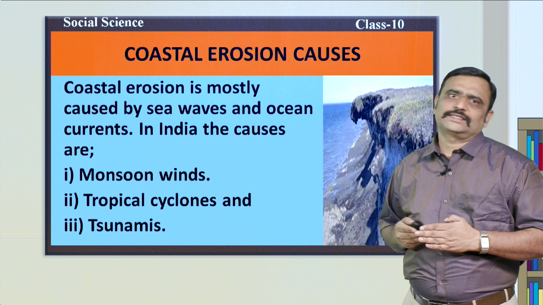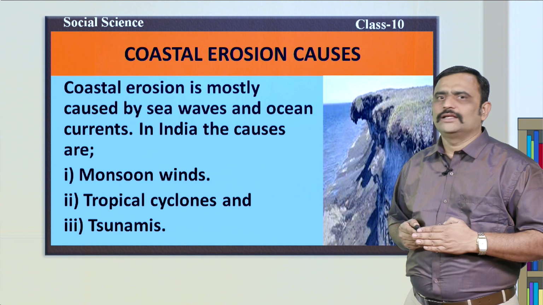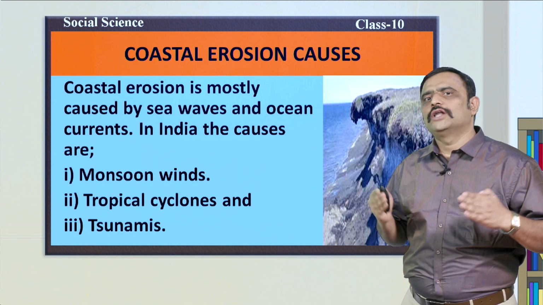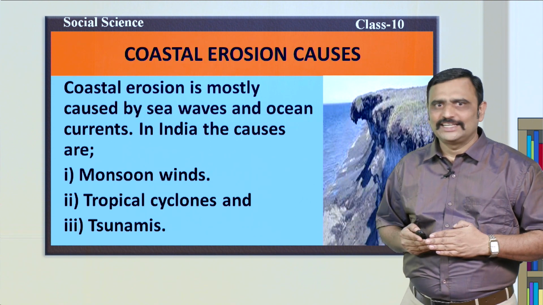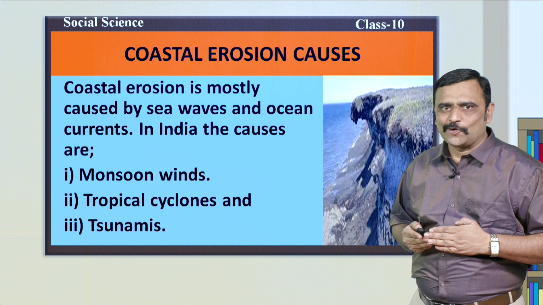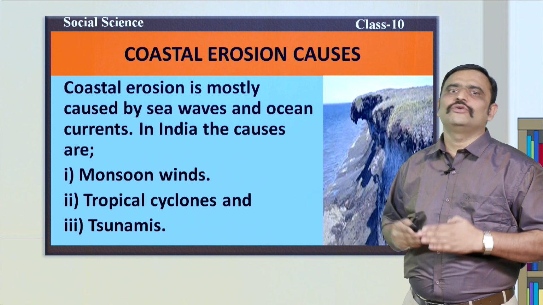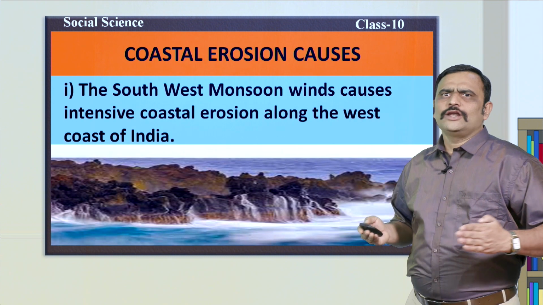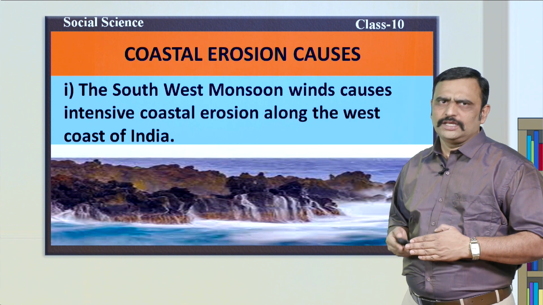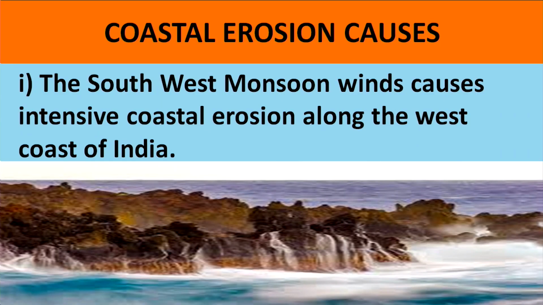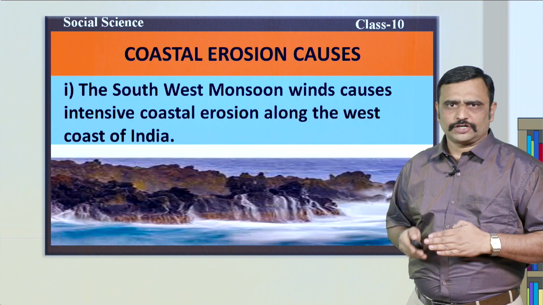Let's see its causes. In India, the major causes for the coastal erosion are first one monsoon winds, then tropical cyclones, and then we have tsunamis. Coastal erosion causes, let's see how the monsoon winds are going to cause it. Especially the southwest monsoon winds cause intensive coastal erosion along the coast of India, which are very destructive.